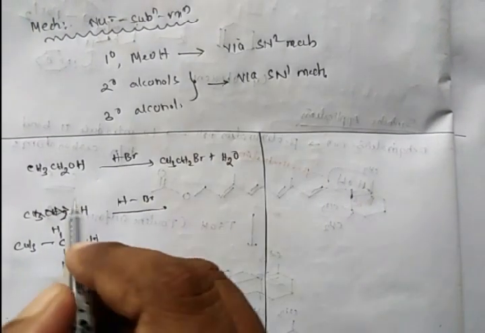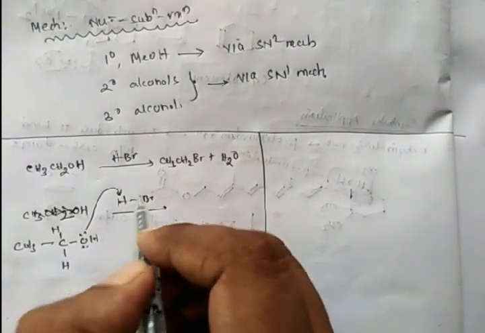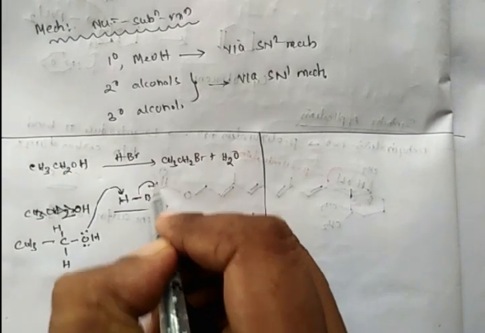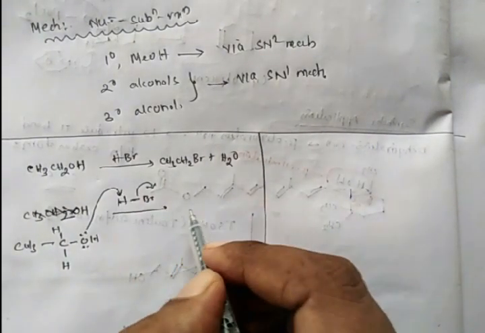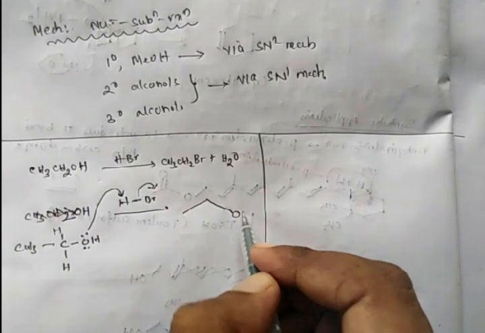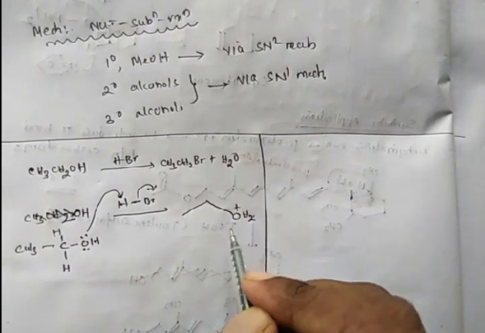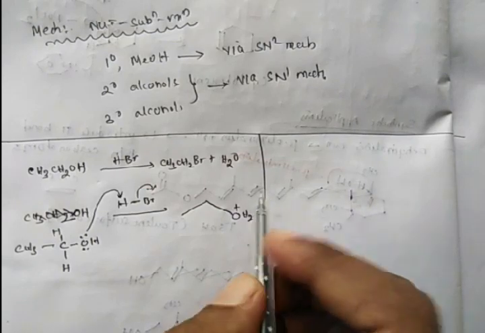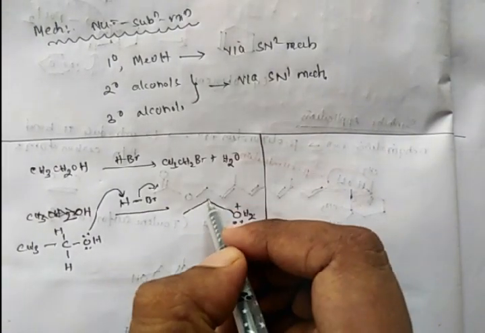This electronegative oxygen atom attacks this hydrogen atom and the bromine leaves, and we will get a protonated alcohol.